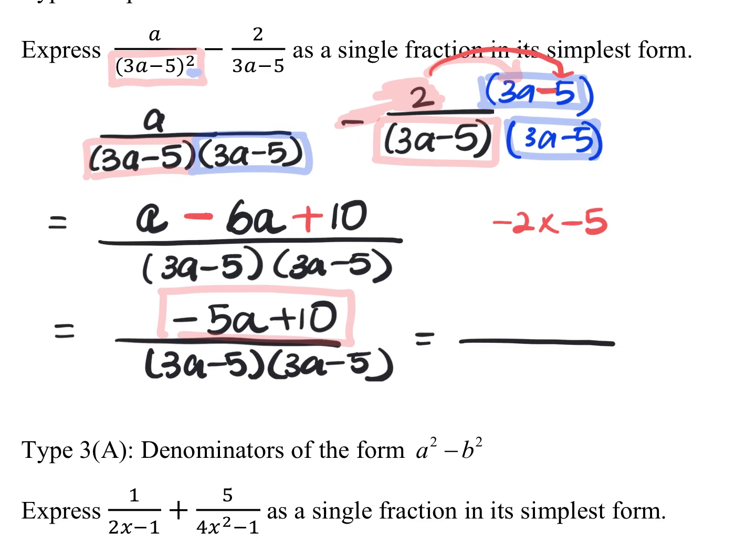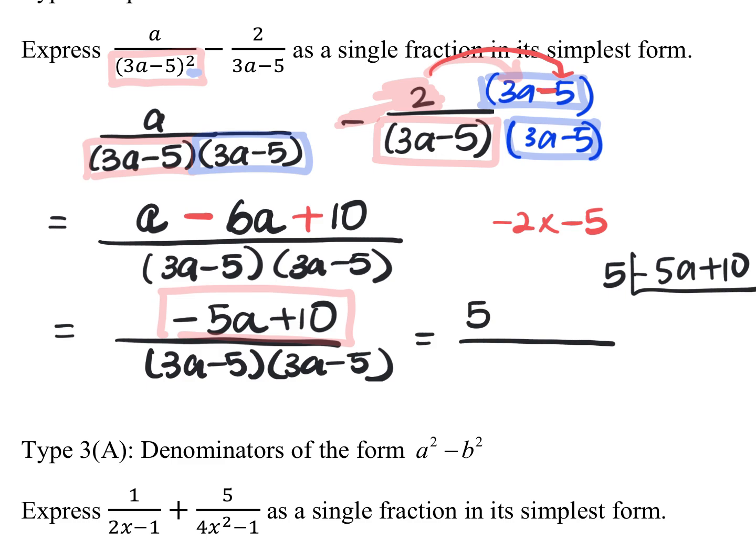I have a common factor over here, 5 and 10, so both of them can be divided by 5. So I'm going to factorize out a common factor, 5. When I have negative 5a plus 10, I'm dividing it by 5.